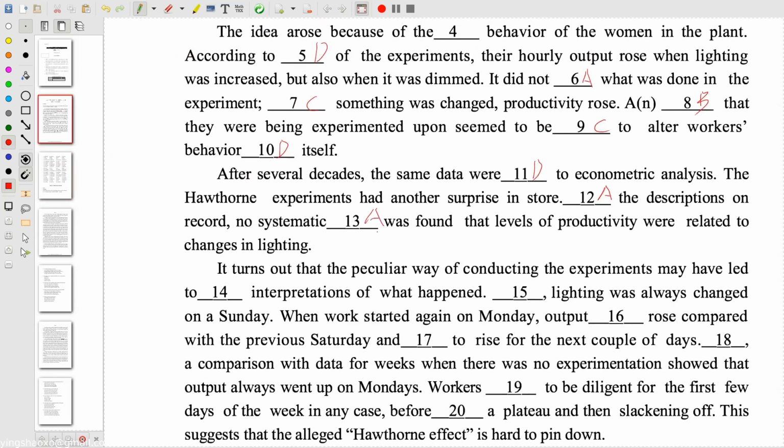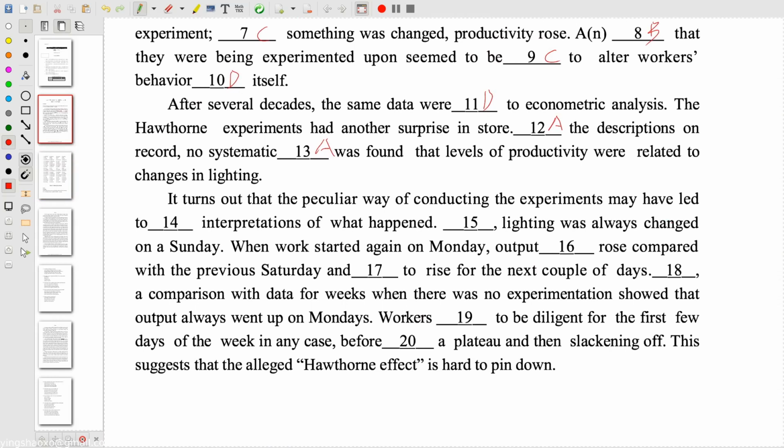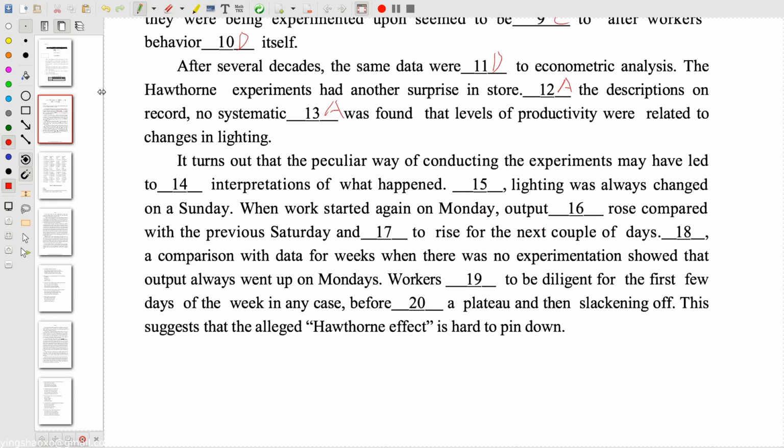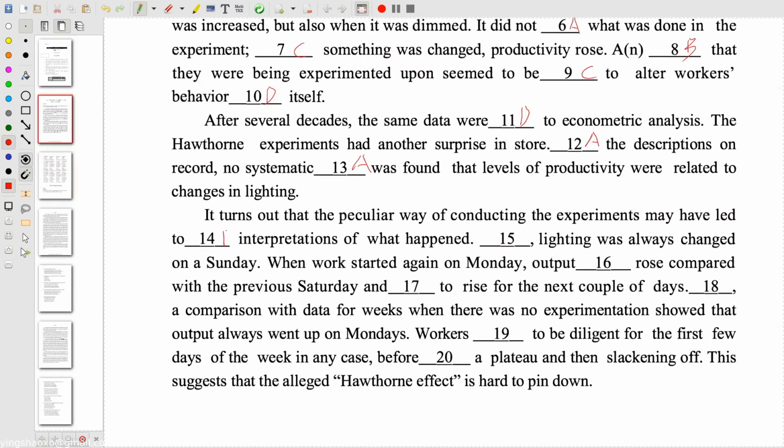Again, no systematic evidence was found that levels of productivity were related to changes in lighting. It turns out that the particular way of conducting the experiments may have led to misleading interpretations of what happened. I guess this is misleading, so I choose D here.